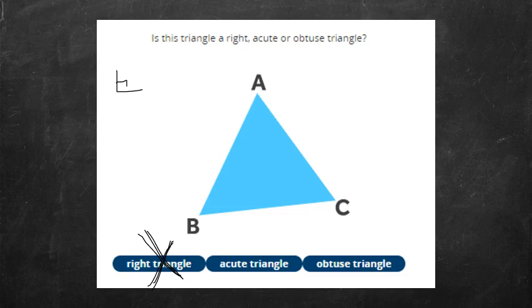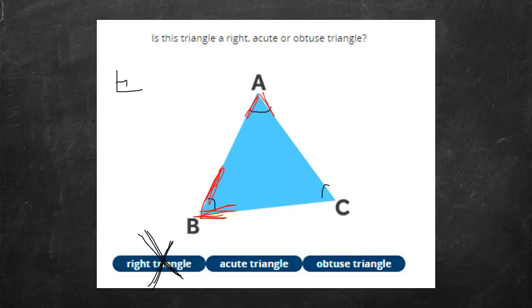So I know if I look at my triangle, they're not right angles, so they're on a curve. So they have to measure something, okay? So let's look at the way the angle is measured. If I look at this angle B, I know that angle B forms an acute angle.